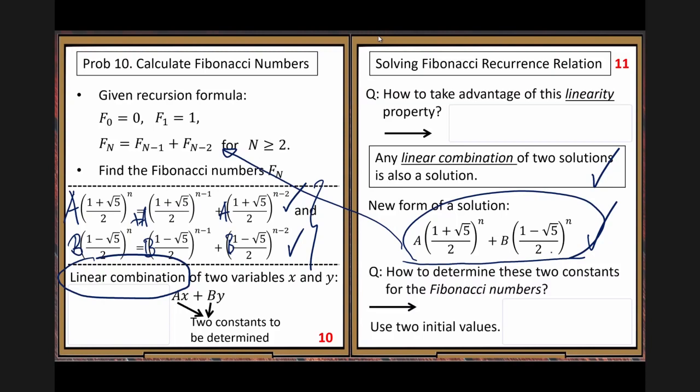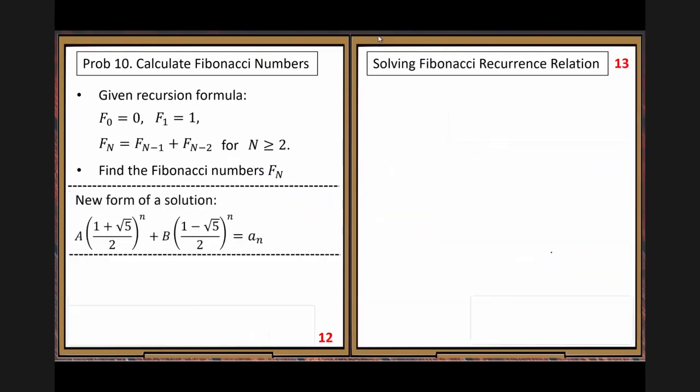All right, let's do the last round of work. The final round, we will get the final solution. How to determine capital A and capital B? We have two initial values. Let's plug in n equals 0 and n equals 1.